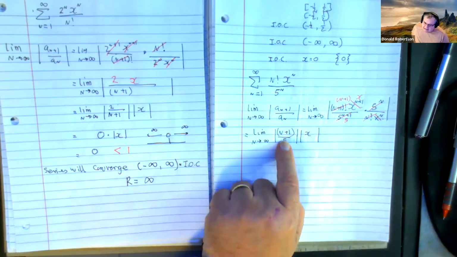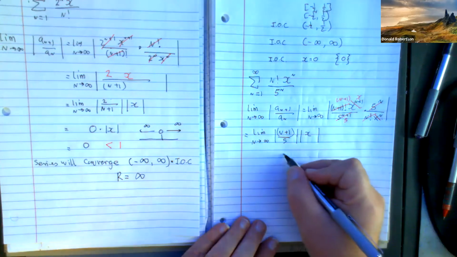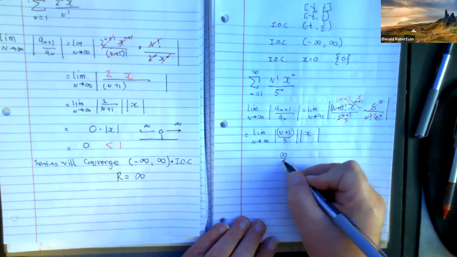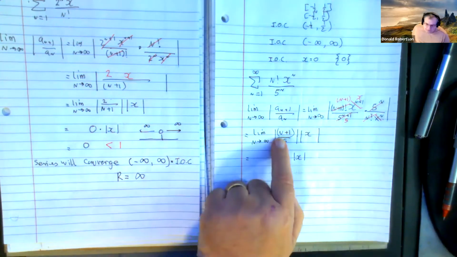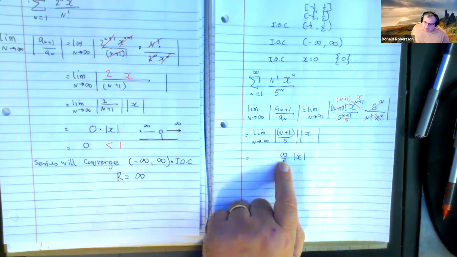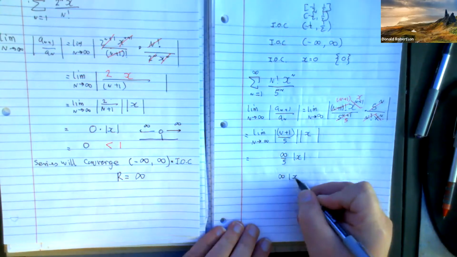Now, if you make n go infinite here, you can do essentially brute force. Infinity plus 1, infinity divided by 5. But wait a minute, infinity divided by 5 is still infinity.